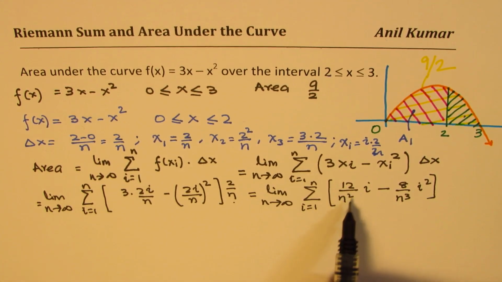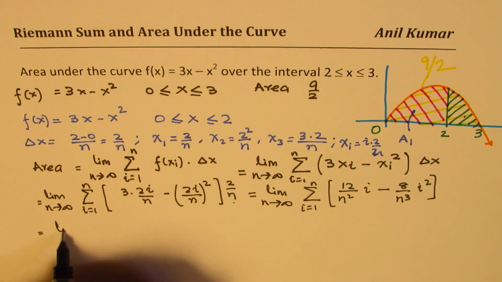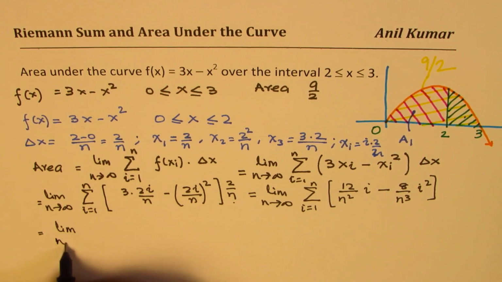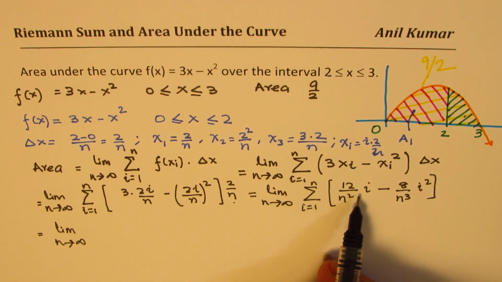Now, these terms are independent of i. We are doing sum of all the i's from 1 to n. So we're going to use the formula here, sum of natural numbers, right?